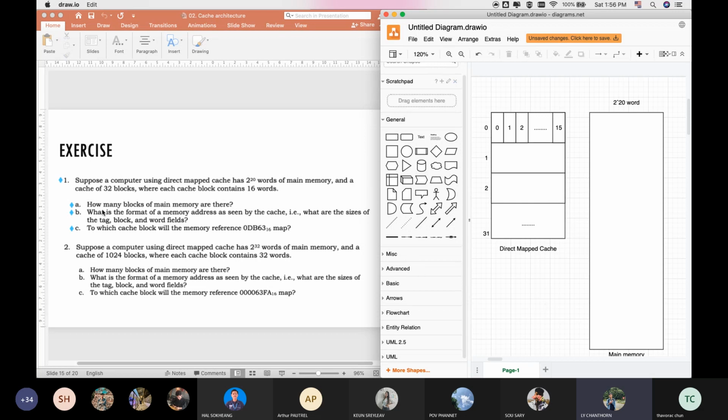And then here is the question. How many blocks of memory are there? The question here is that inside this main memory, how many blocks are there?